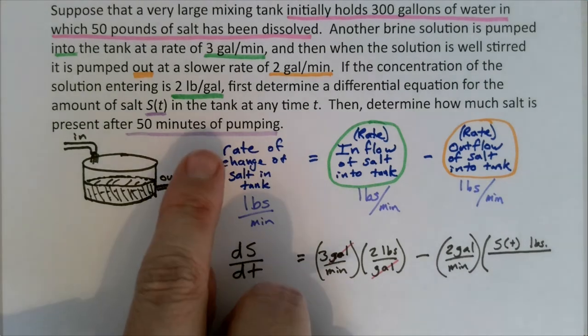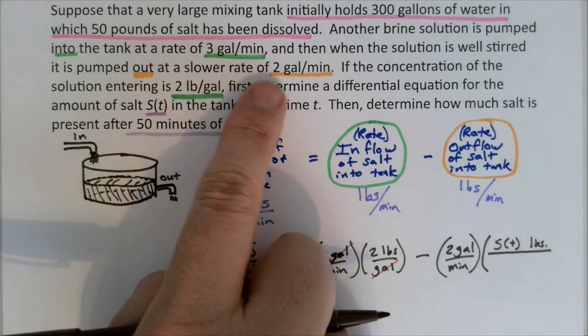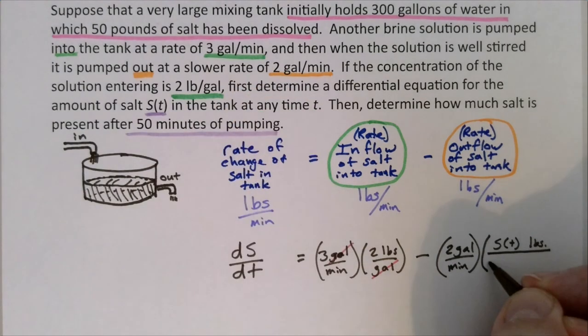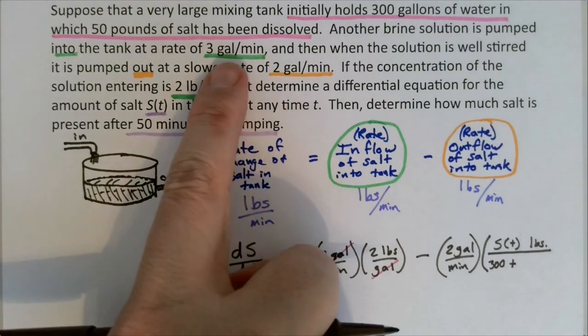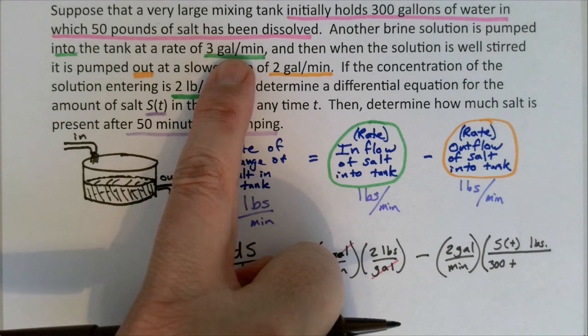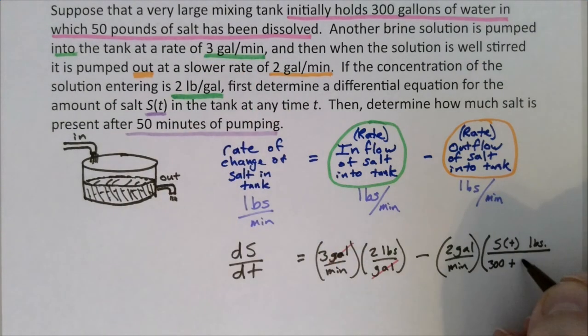But it looks like my inflow and outflow rates are definitely not the same. So the bottom is going to be 300 gallons plus the difference between these two. It looks like it's gaining at 1 gallon every minute, plus 1 gallon per minute times how many minutes have gone by.